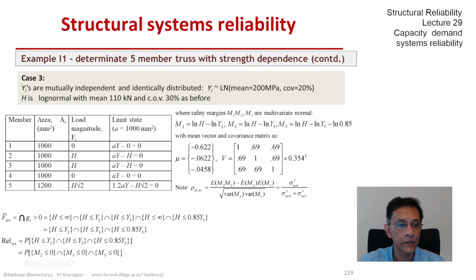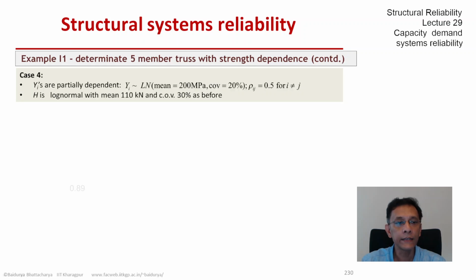So that intersection of the three events has a probability of 0.87, and we compute that using the multivariate normal function, which we know how to do in MATLAB. So it further comes down to 0.87.